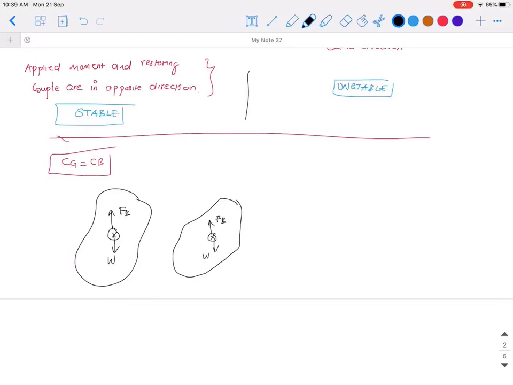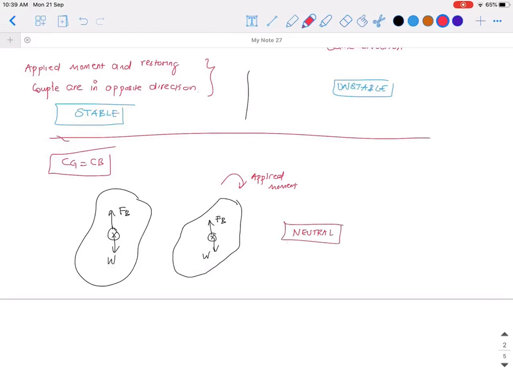This is the applied moment. So there is no restoring couple, so it neither comes back to its original configuration nor moves away from the original equilibrium position. So this is neutrally stable.